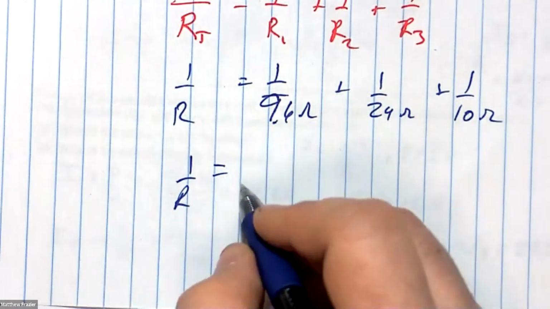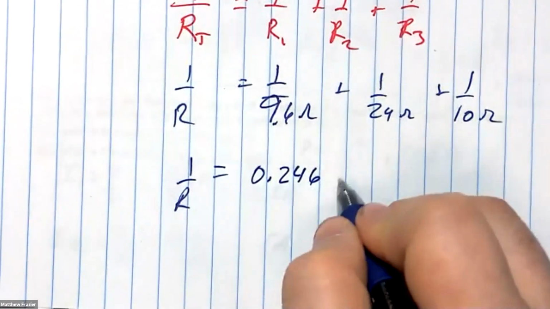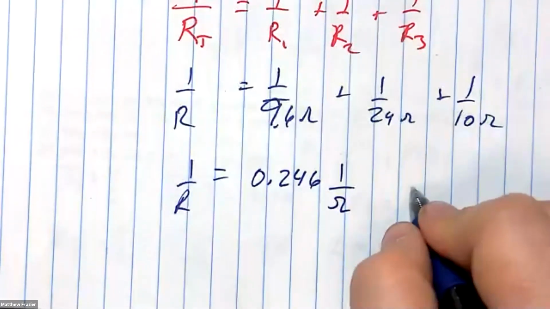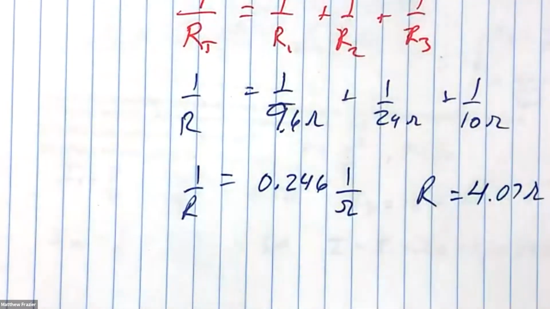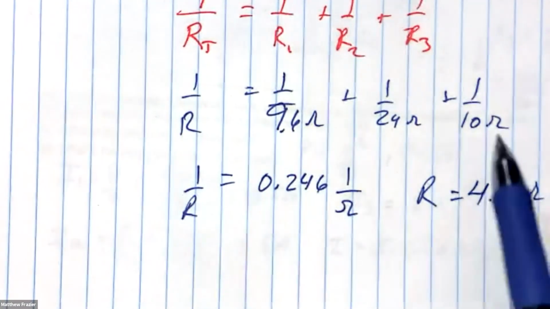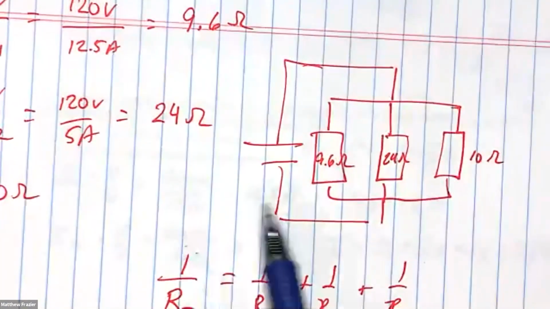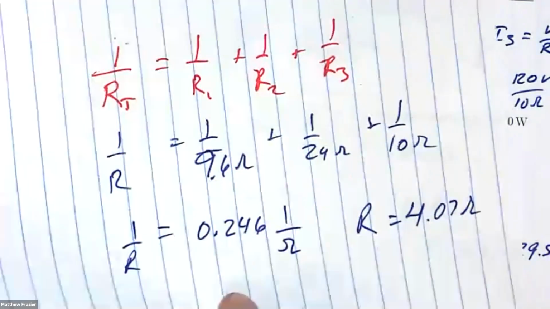I get that 1 over R is 0.246, and the units for that are 1 over ohms. Take the inverse, and R is 4.07 ohms. We check: is that smaller than everything? Our circuit had 9.6, 24, and 10 ohms. So yes, it's smaller than everything, so that works. So I have a total resistance.